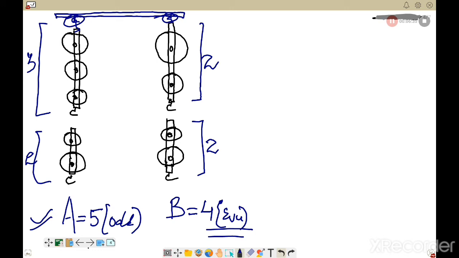Whenever you are passing the string, you always start from the topmost pulley. So here I have the free end. The free end is the place where you apply the effort.